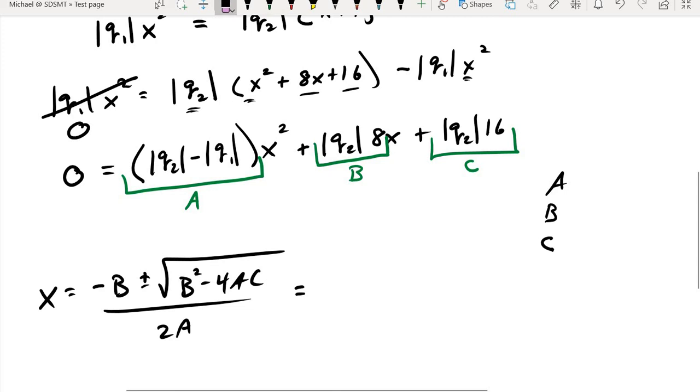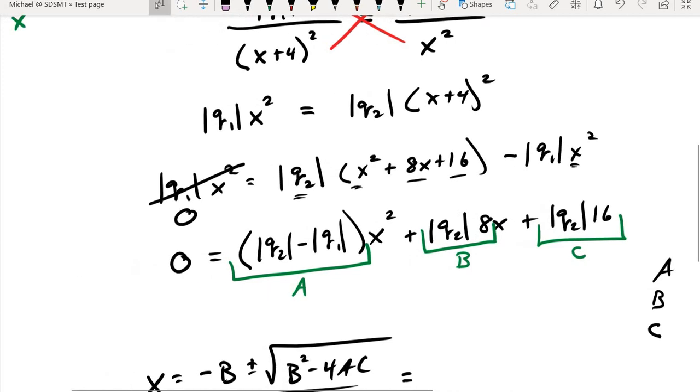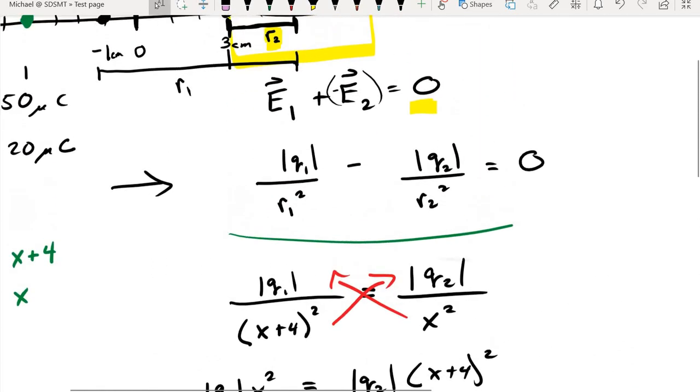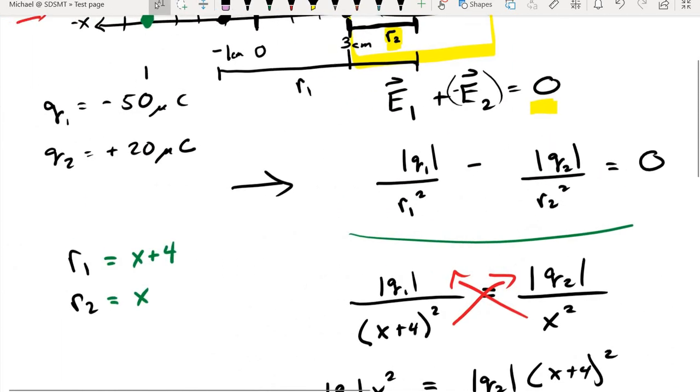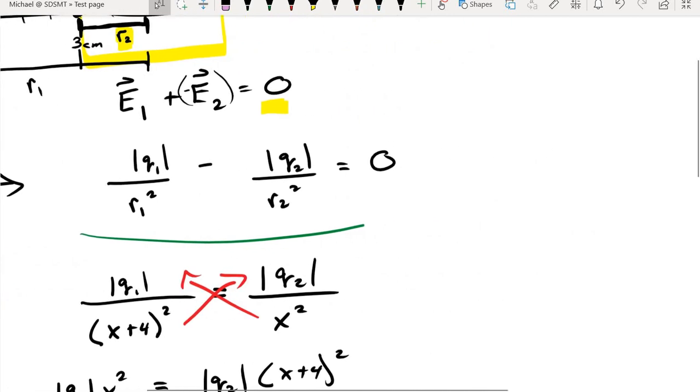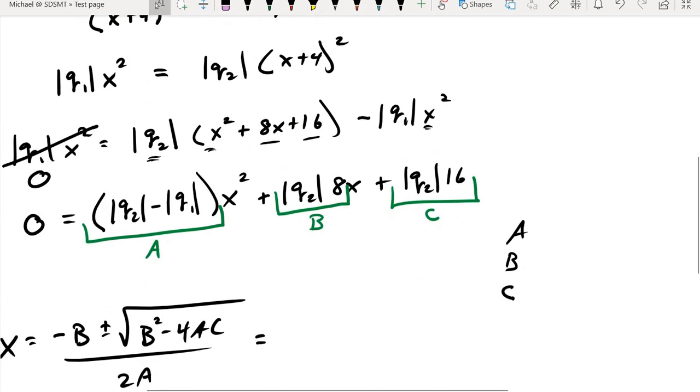And it's at this point where I'm going to introduce the values of the charge, because I will need those to solve our quadratic. So back up here, we had negative 50 and 20. But keep in mind, everything in here is in absolute value form.